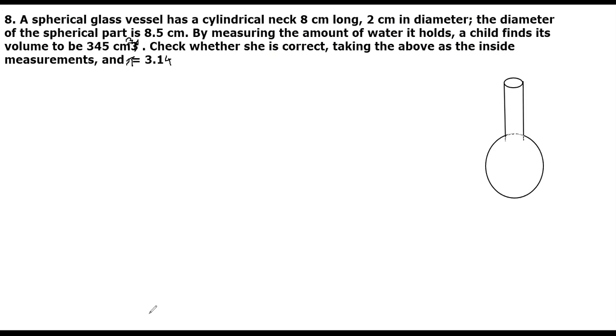Okay, so now we will do it fast. The diameter of this cylindrical part is 2 centimeter. This is 2 centimeters diameter.